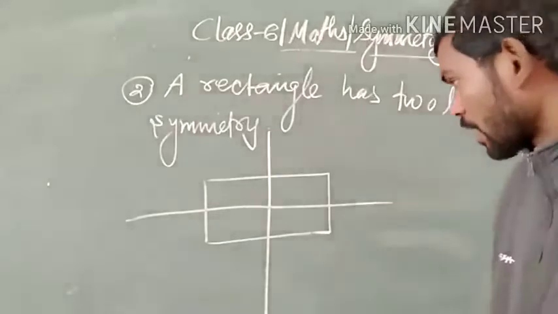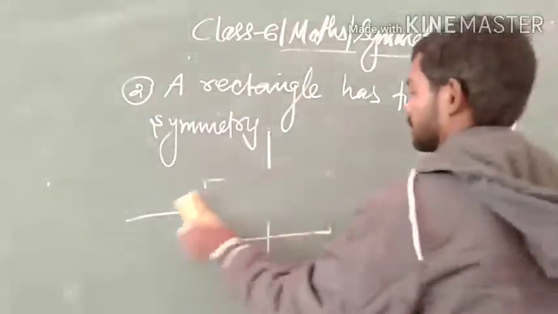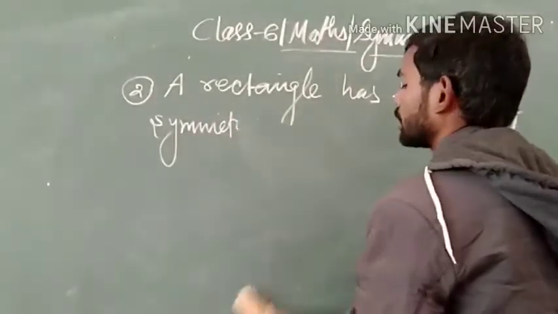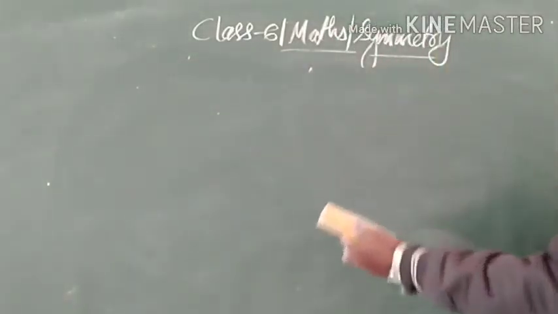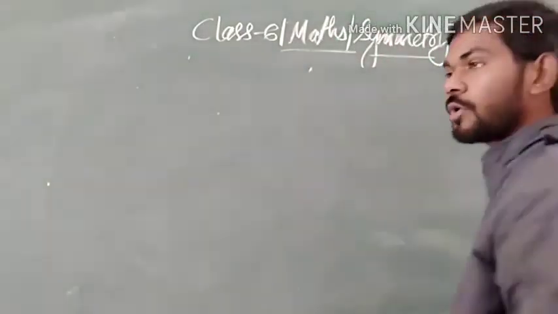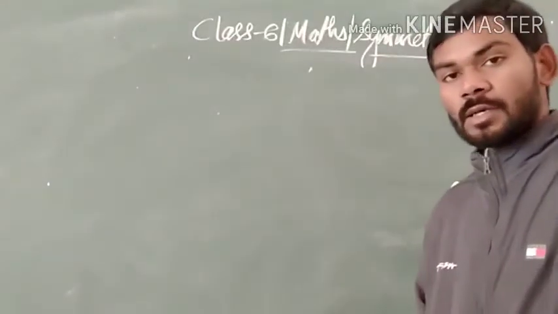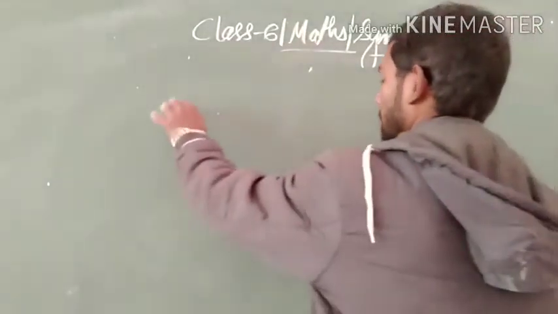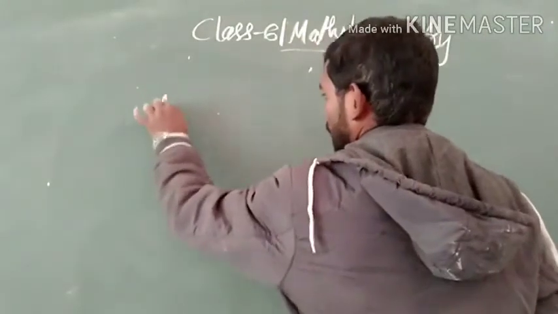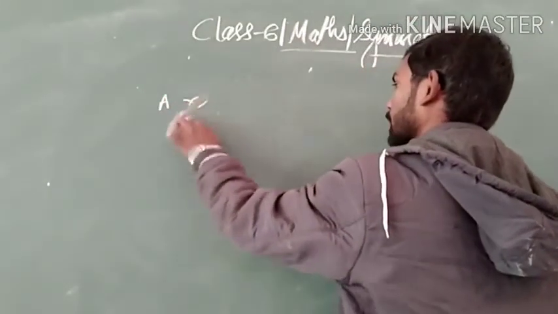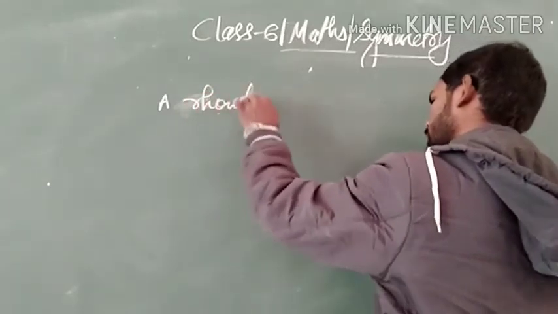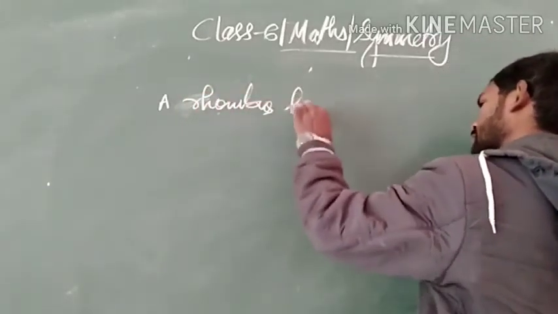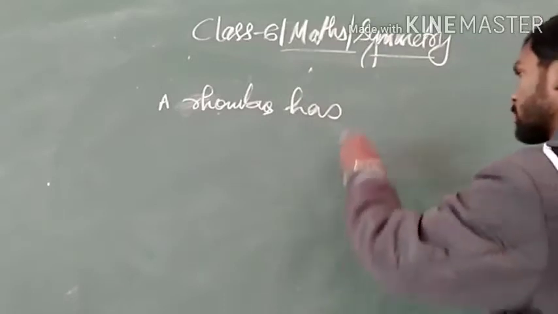Now let's see the next. A rhombus also has four equal sides, but it is not a square. So here we can say that a rhombus has four lines of symmetry.